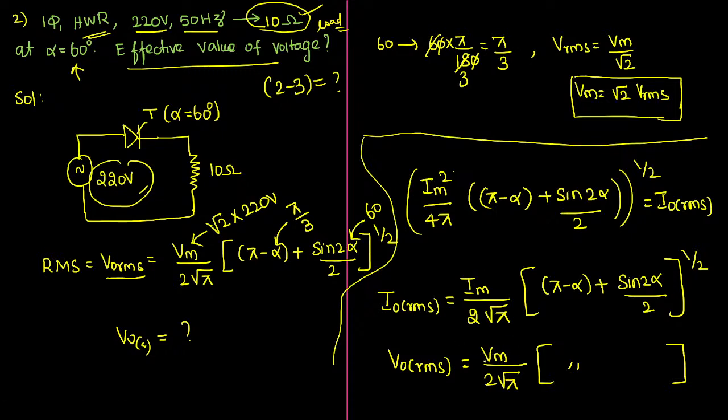It means on the output side, if you know the value of V0 RMS, simply divide this whole value by the load. What is the load here? R. So V0 RMS divided by R will give you the value of I0 RMS. Are you getting me? If I am dividing this Vmax by R, what is this? Vmax by R can be written as Imax.